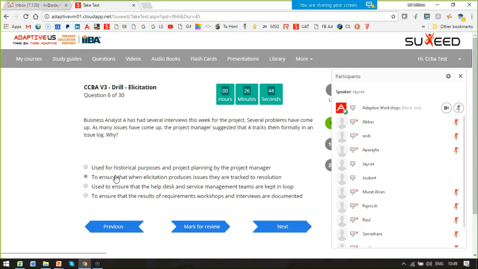Go ahead, Jesse. Why is D incorrect? D is not incorrect, but see, what are the things that you put in the item tracker? Item tracker is mainly for defects and clarifications. That's the main purpose of the item tracker. I think here the important thing is to resolve the issue.